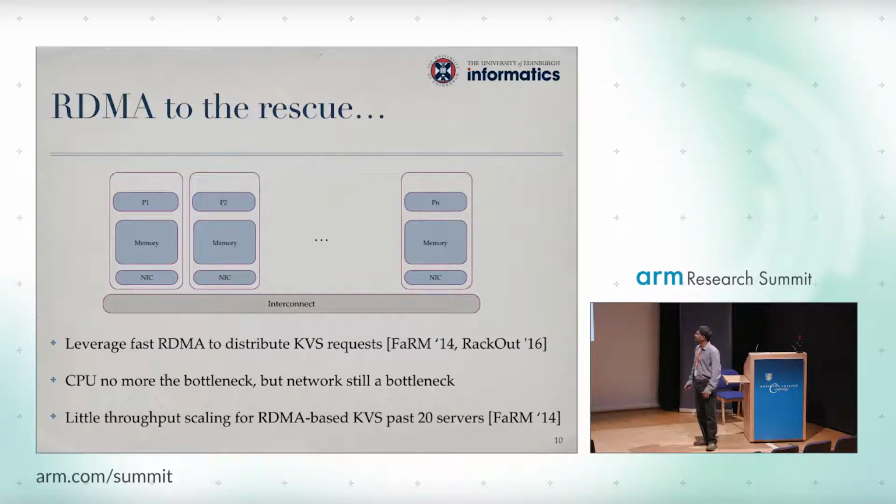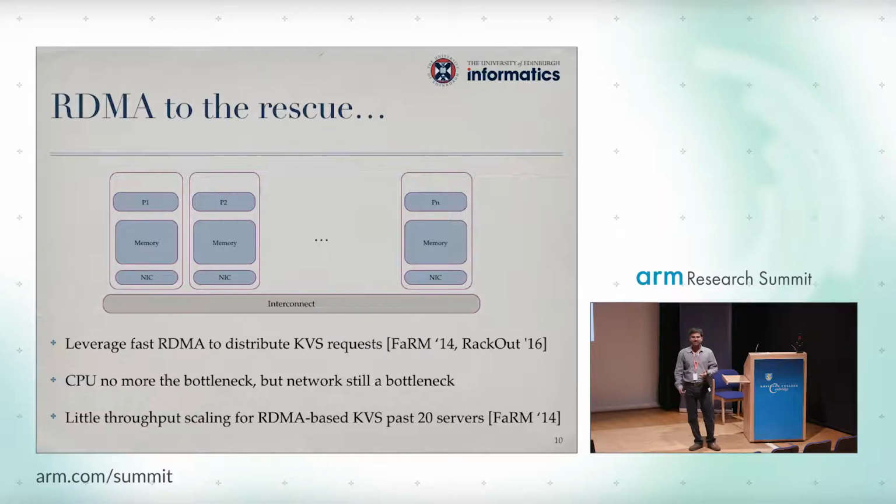Which means that because of RDMA's capabilities, the CPU is no longer the bottleneck. But the problem is that the network is still a bottleneck. As has been observed in several papers which use RDMA-based key value store implementations, scaling the key value store past, say, 20 servers has been hard.